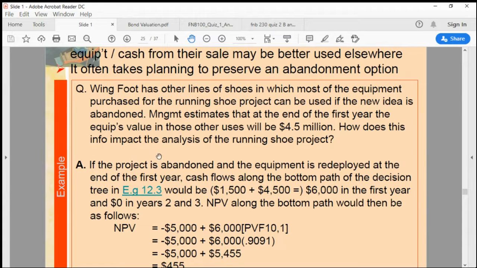So the management estimates that at the end of the first year, the equipment's value in those other uses will be 4.5 million. If it is used in another project, its value would be 4.5 million. How does this information impact the analysis of the running shoes project?